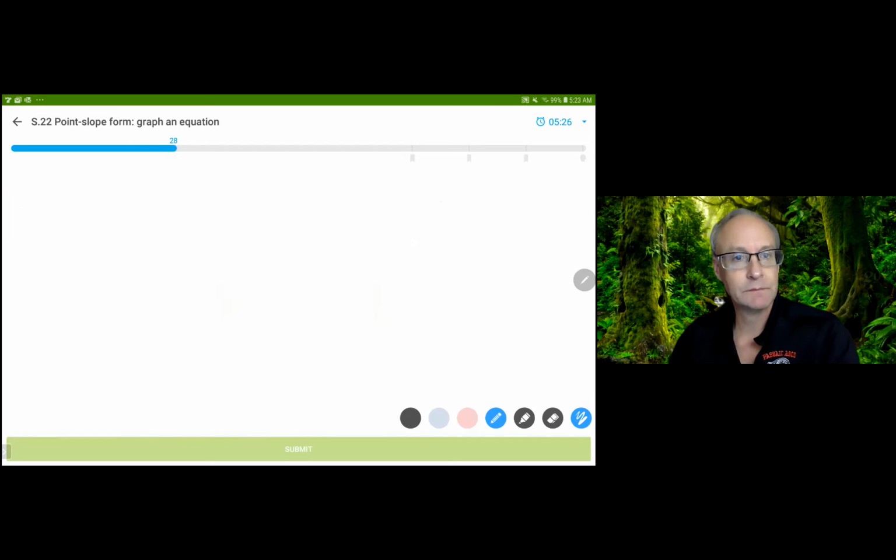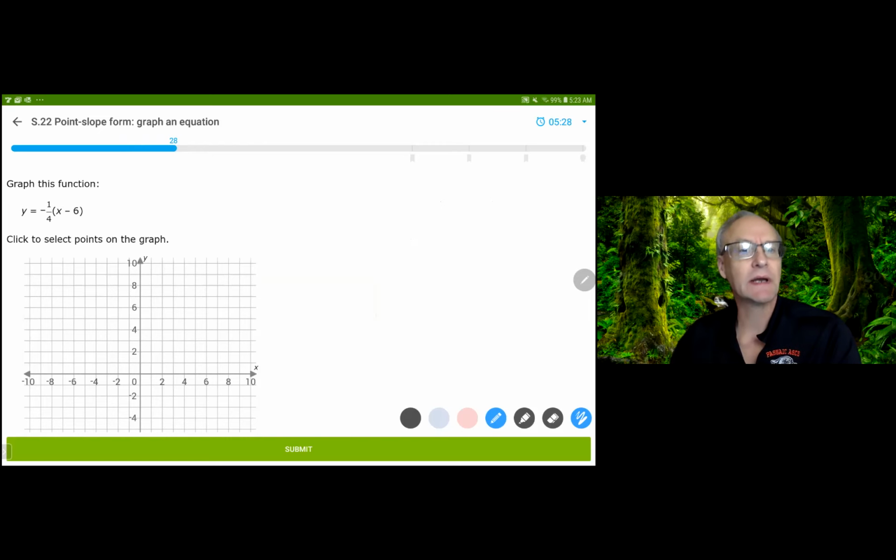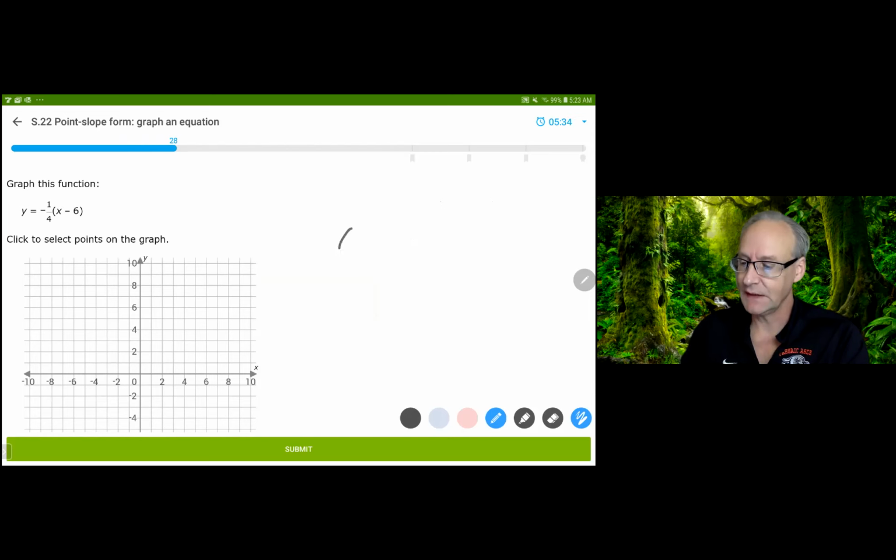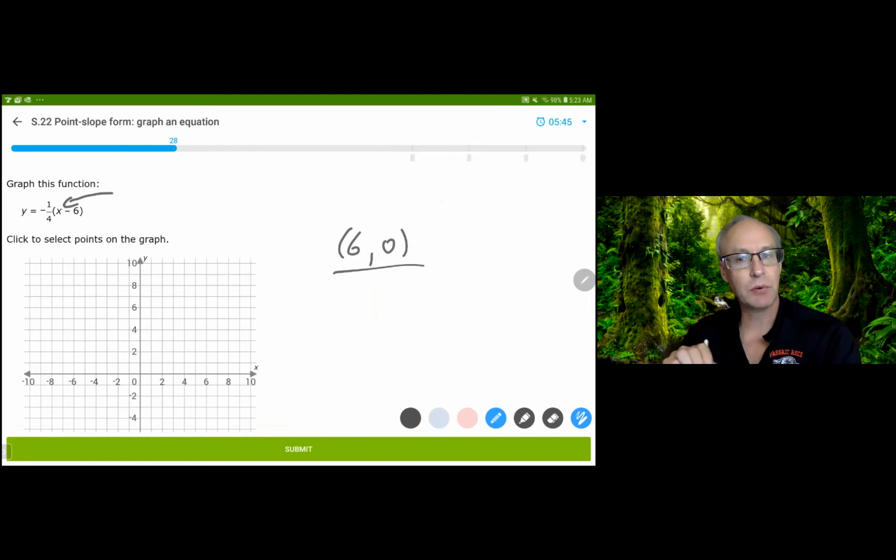Let's do another one. Do a few more, and then I'm going to show you a connection. So what value of x makes that 0? Well, hopefully you can see that a 6 will make this 0. And if the right side is 0, then the left side must also be 0. We call this point an x-intercept, and it's really common to get this on the wrong axis.